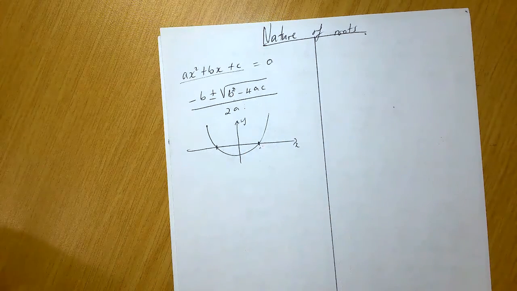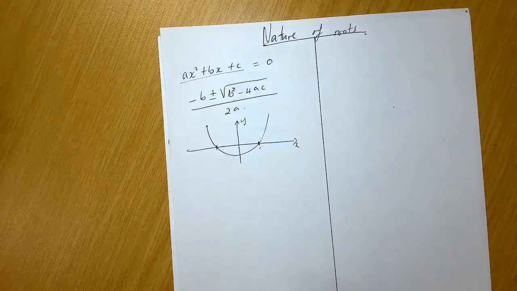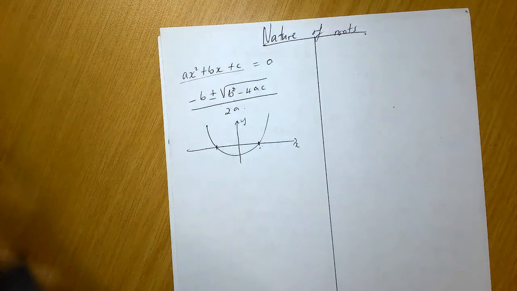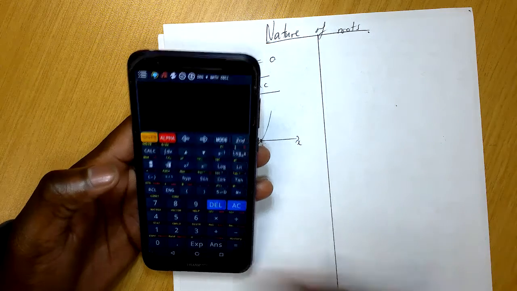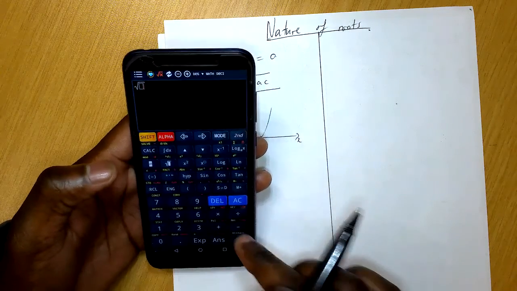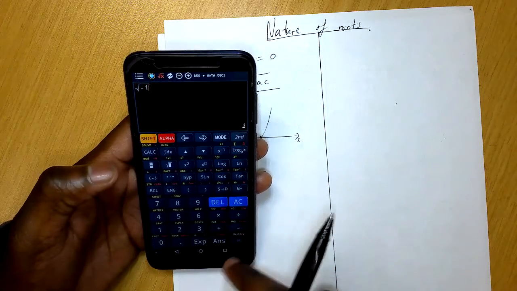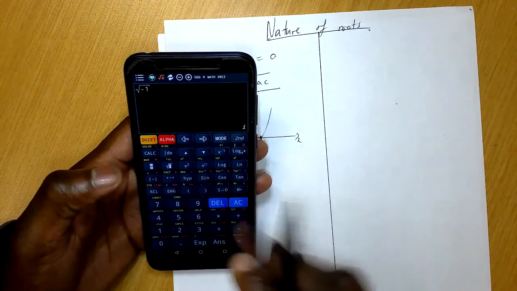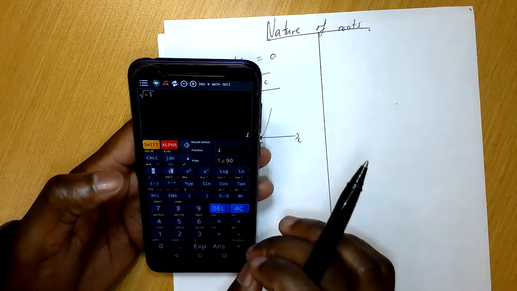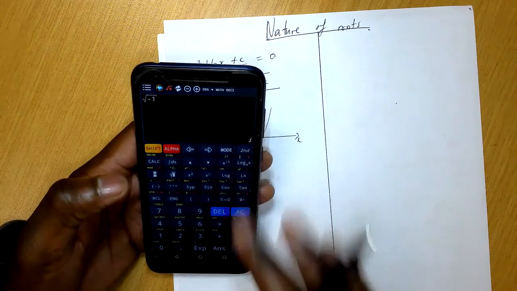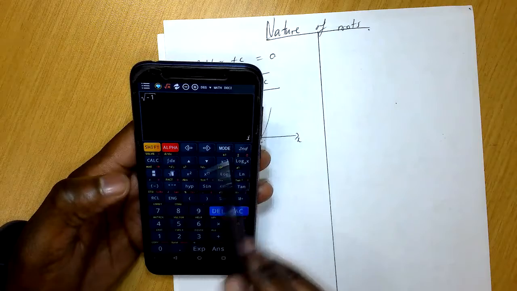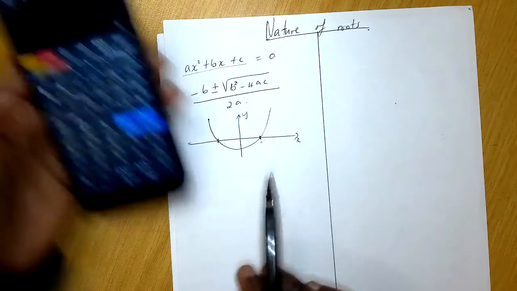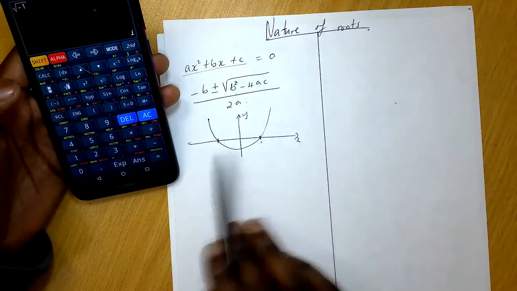Let me show you something here: the root of negative 1 is an error. You can't get that. So anything with a negative won't have a root, and in that case it won't be touching the x-axis.